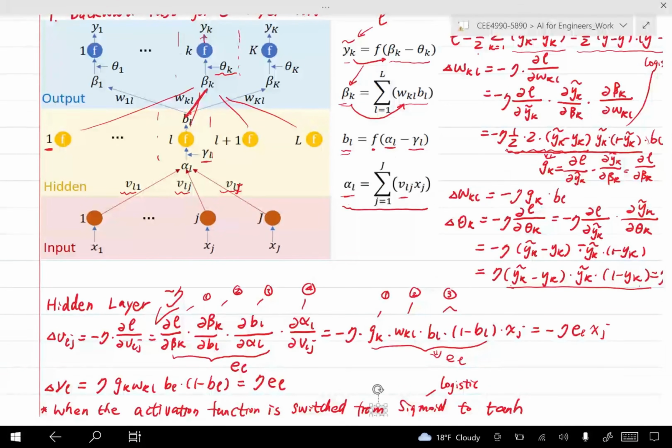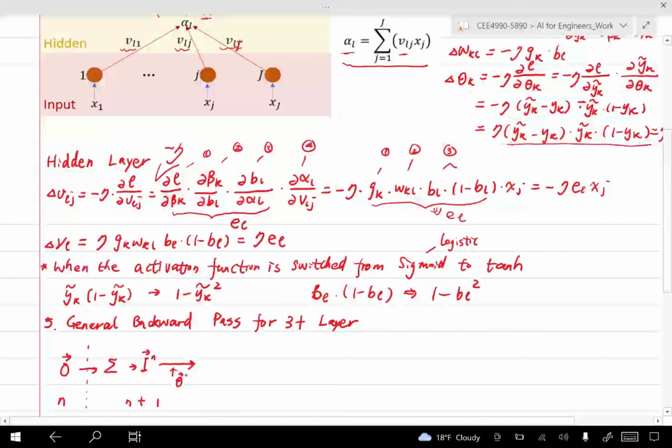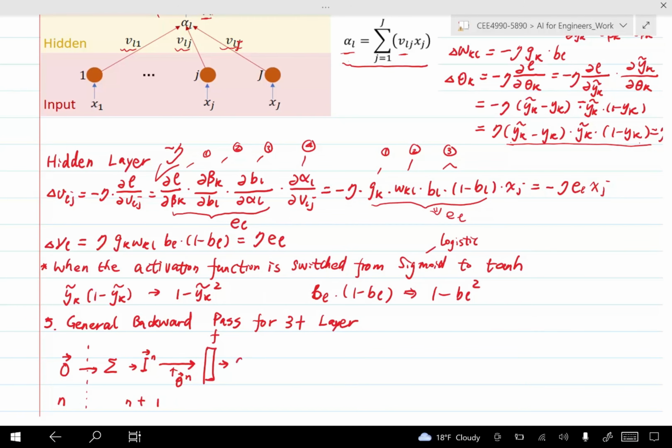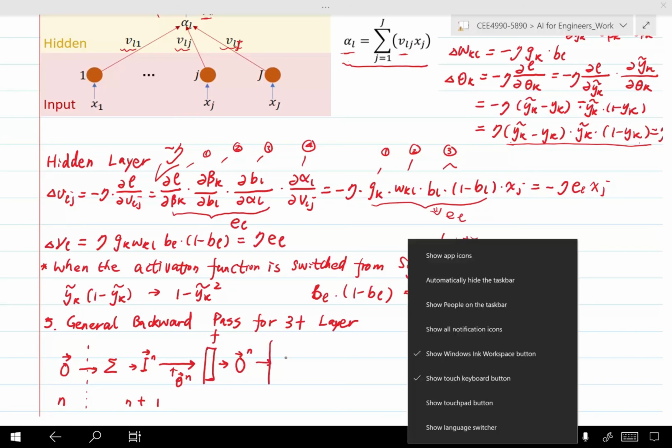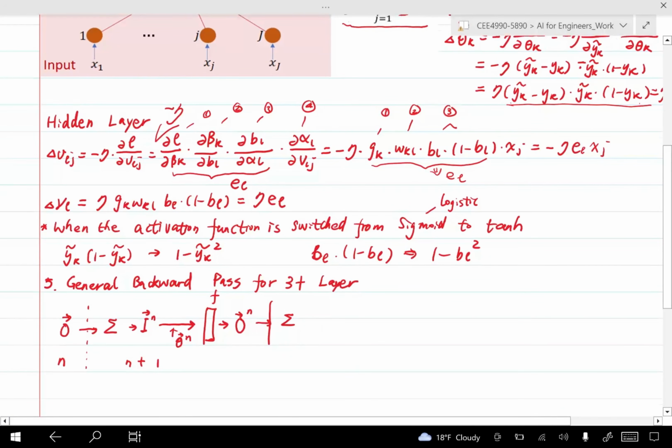We want to add in the threshold. So we add in the threshold here. It's also a vector. We use a superscript to tell which layer we are playing with, and subscript for neuron numbers. Here we can have the activation function f, and after activation, we will get the output of that layer, theta n. Next, we go to the next layer, and next layer we have this again. Sorry, this is n plus 1.